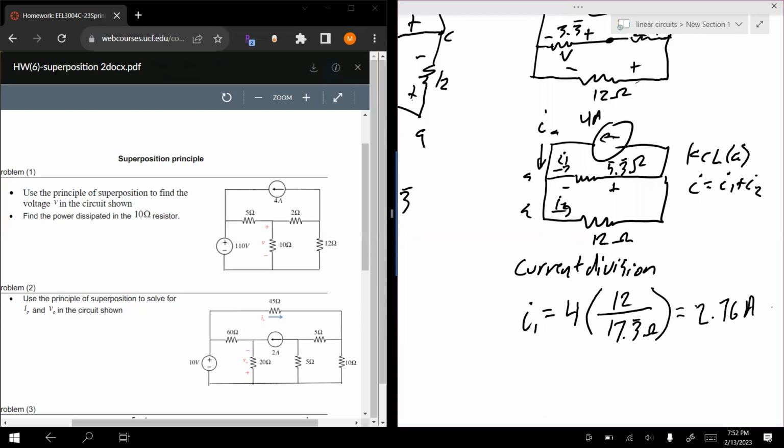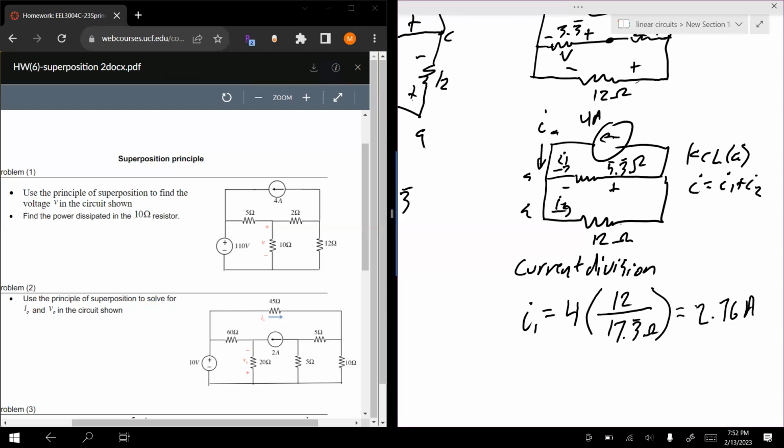If you think of it like this also, 5.3, you could say that's just under half of 12, maybe. So it's going to have a little over half of the current flowing through it because it's half the resistance.